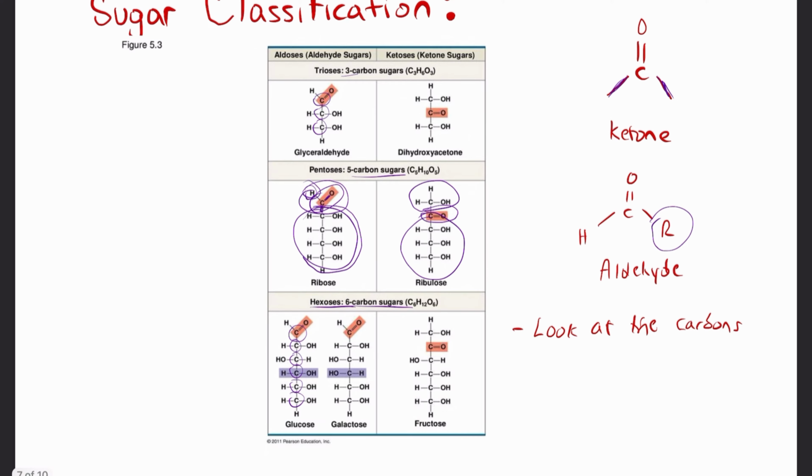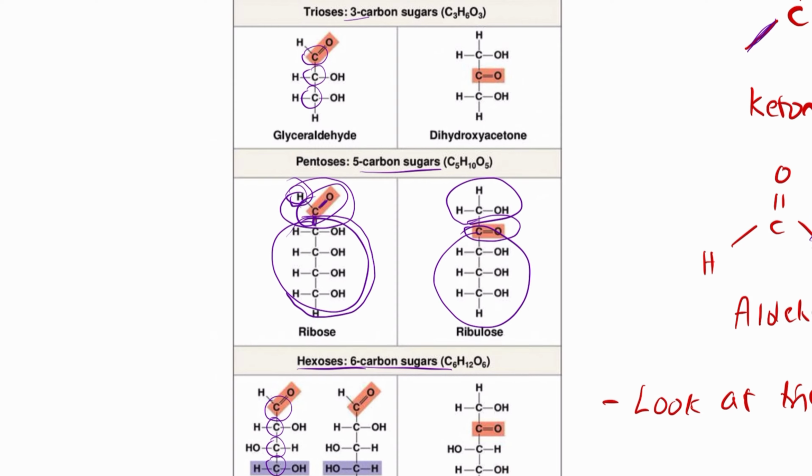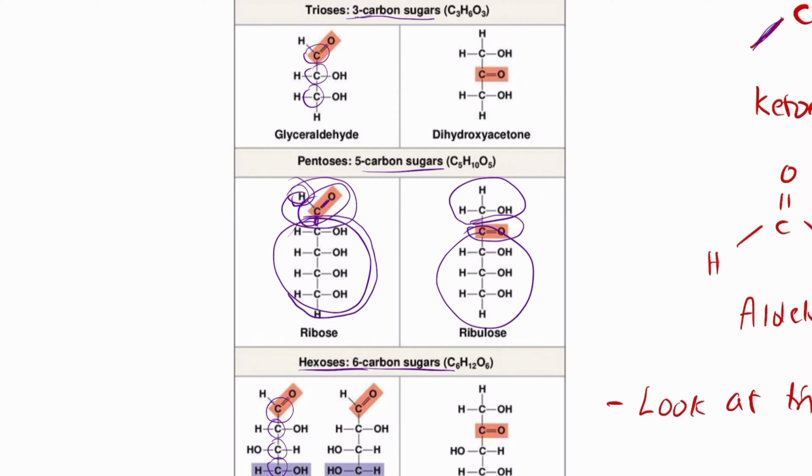All right, let's talk about sugar classification. In sugar classification, it starts off with a 3-carbon sugar, 5-carbon sugar, and a 6-carbon sugar. So how would I memorize this? Simply, if it has 3 carbons, it's a 3-carbon sugar.